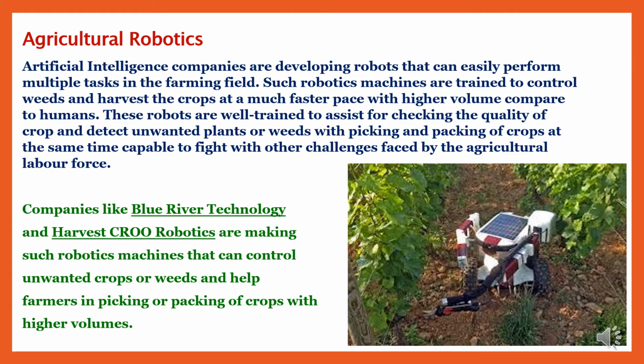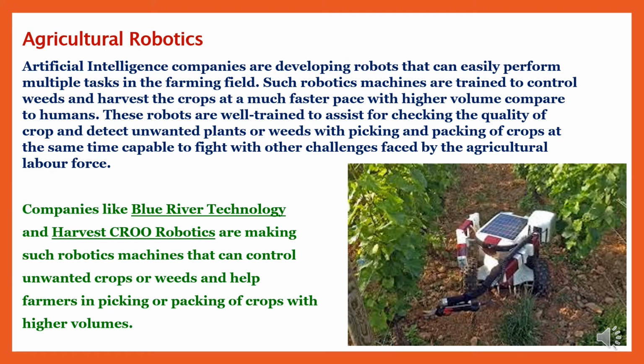Now we will study agriculture robotics. Artificial intelligence companies are developing robots that can easily perform multiple tasks in the farming field. Such robotic machines are trained to control weeds and harvest the crops at a much faster pace and higher volume compared to humans.